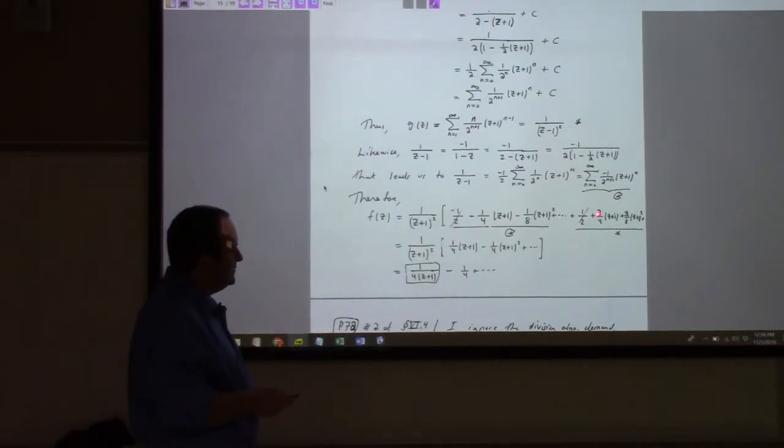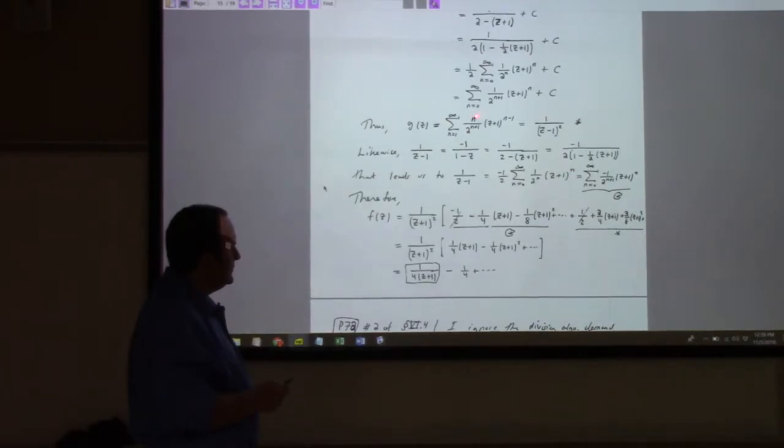Wait a minute. 2 over what? N equals 2. That should be an 8, right? Because n equals 1 gives me 1 over 4, right? Let's try that again.